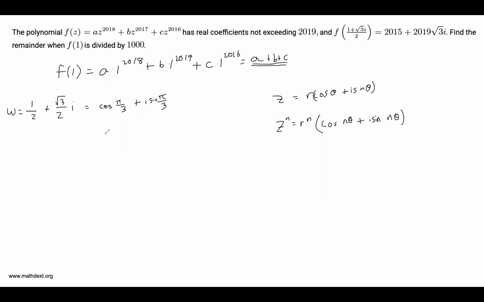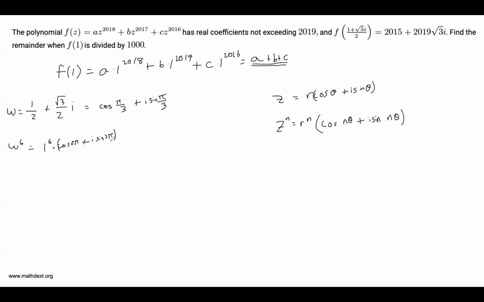In particular, we have omega to the power of 6 is equal to 1 to the power of 6 times cosine of, well, 6 times pi over 3 is 2 pi, cosine of 2 pi plus i sine of 2 pi.